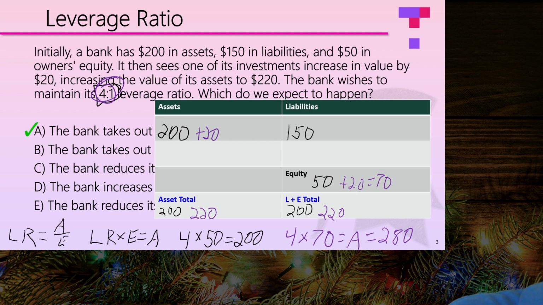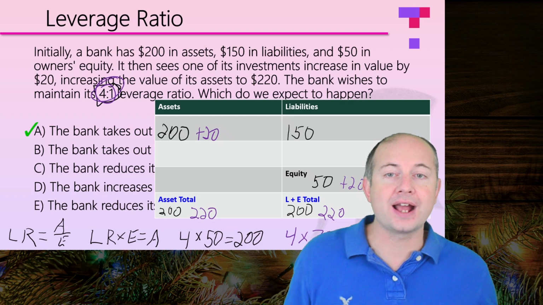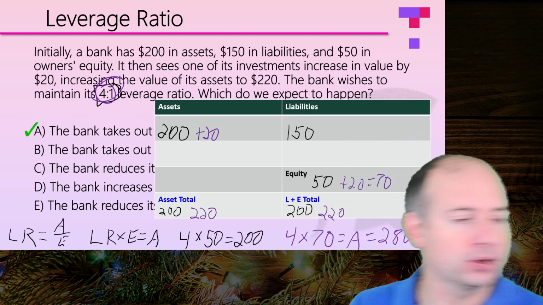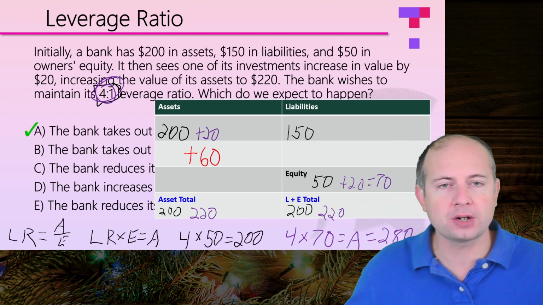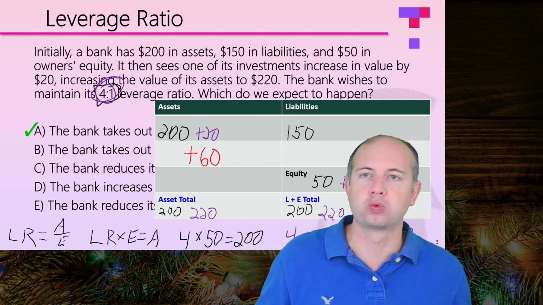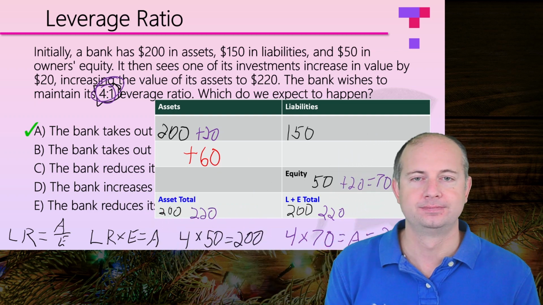We have 220 after our investments increase, and we need to get our assets to 280. So we're going to add $60 to our assets. Essentially, because our bank has gotten bigger, we're now comfortable growing our assets, so we're going to loan out an extra $60.